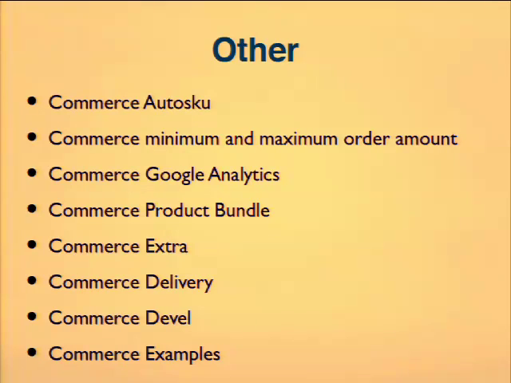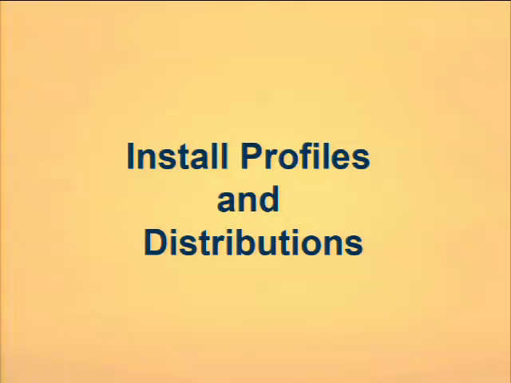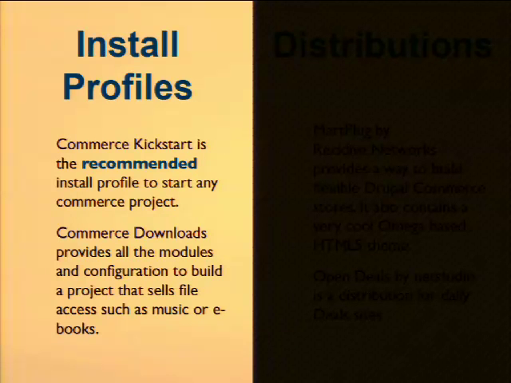Okay, last word on install profiles and distributions. Commerce Kickstart is the recommended install profile. It's on 1.0 right now, and we have a roadmap for getting to 2.0, and there is a BoF to discuss this tomorrow at 2:15.